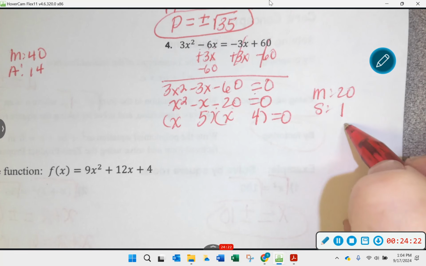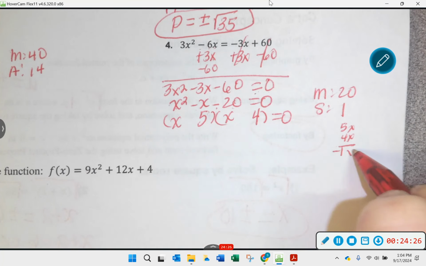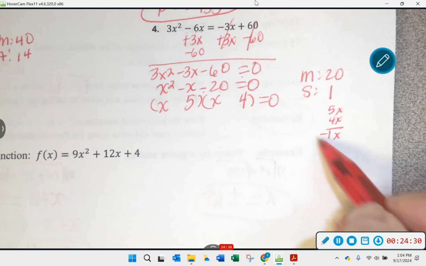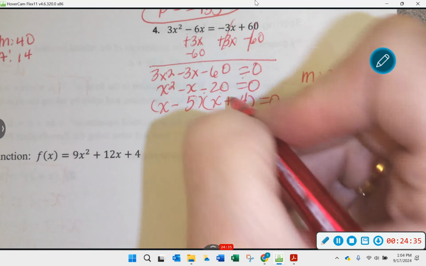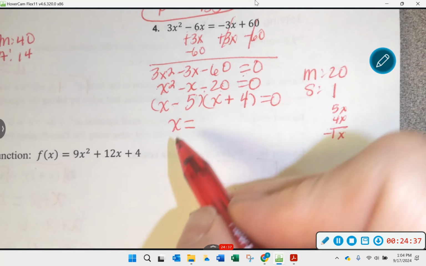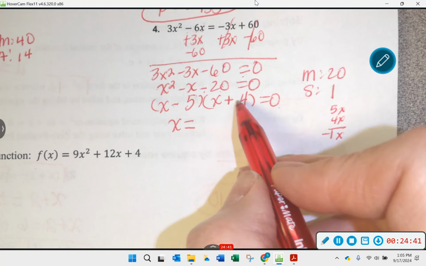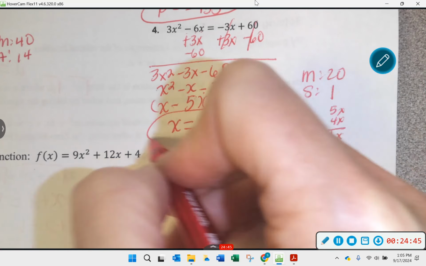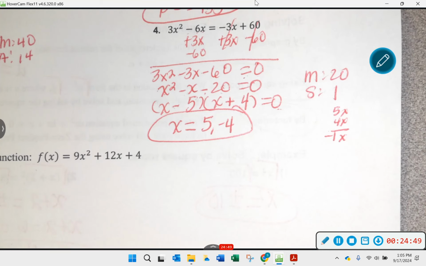And in fact, with this 5 and this 4, I want to end up getting a negative 1x. What do I need the signs to be in order to get a negative 1x? Right, negative 5, positive 4. So what are our final solutions then when we think what minus 5 is 0 and what plus 4 is 0? 5 and negative 4. Okay, hopefully factoring seems a little easier now than it did in Algebra 1.